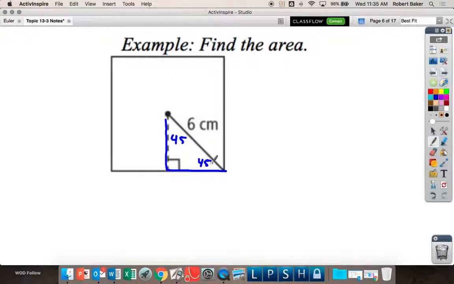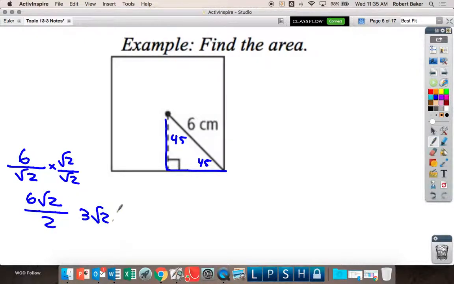How do you get from the hypotenuse to the leg on a 45, 45, 90? Divide by the square root of 2. Three square roots of 2. Because remember, 3 times 2 is 6. Alright, so we have already solved our apothem is 3 square roots of 2.